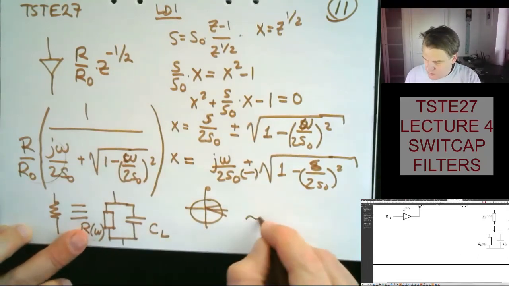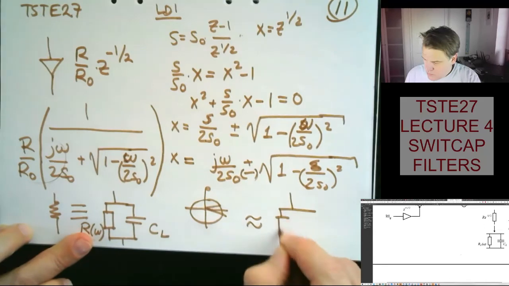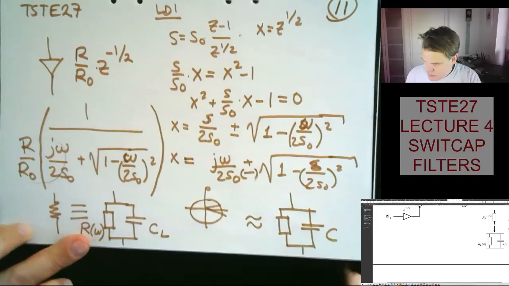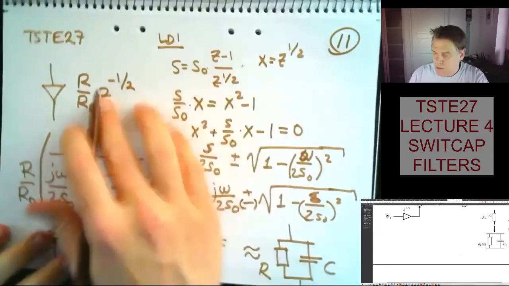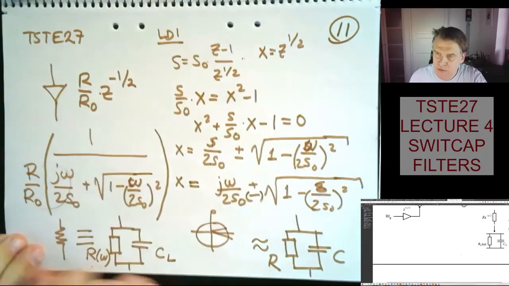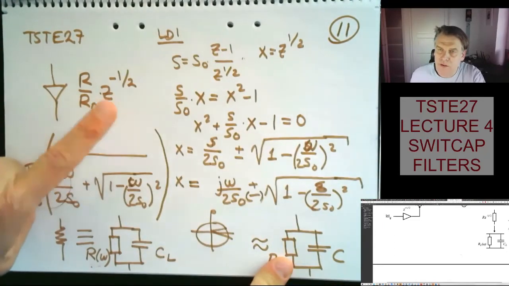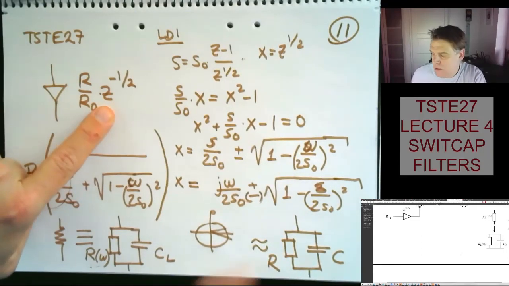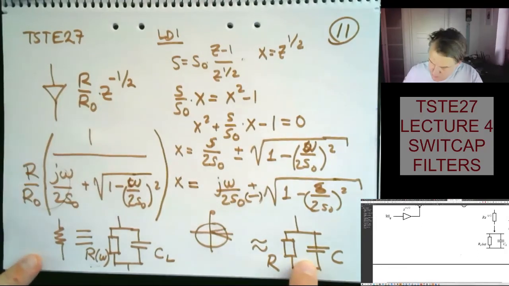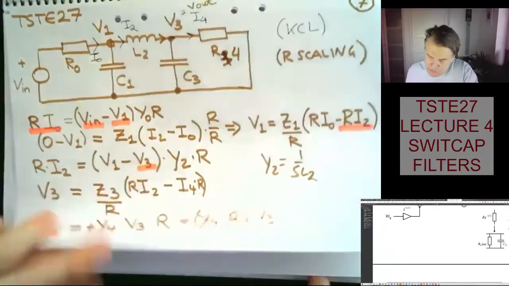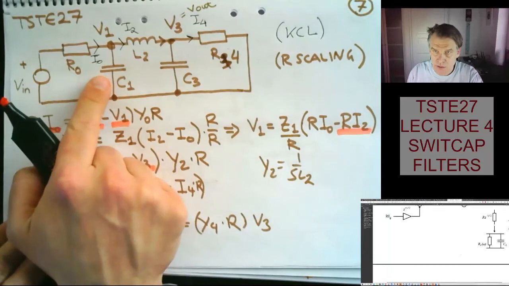So this in turn then is approximately equal to a capacitor in parallel with a resistance then. So I'll let you do these calculations if you want to study that in detail, but the key result here is that the multiplication of this time factor gives us an equivalent circuit of a resistor in parallel with a C. And then if we go back to the original schematic, this guy shows up here as being in parallel with C1 and C3.